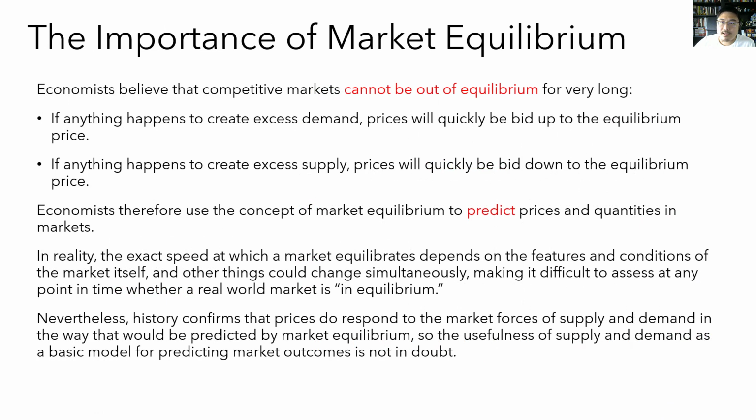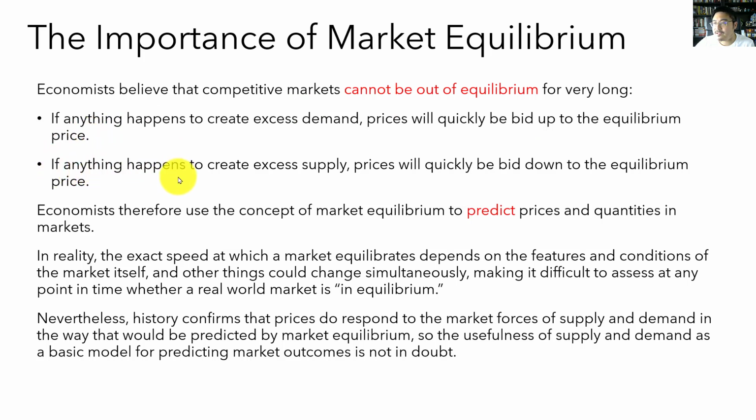So why is the concept of a market equilibrium important? Well, it's important because economists believe that competitive markets can't be out of equilibrium for very long. Right, so if anything happens to push a market out of its equilibrium, we tend to think that it's going to re-equilibrate fairly quickly. If anything happens to create excess demand, then prices are going to be quickly bid back up to the equilibrium price.